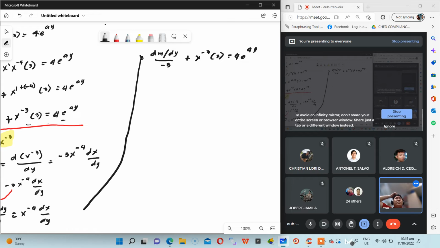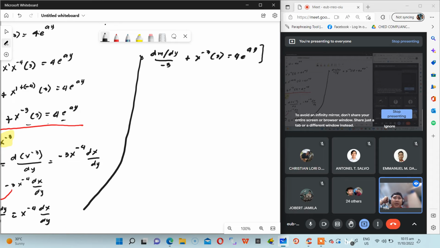So, next, what will we do? Multiply by negative 3, so that we could eliminate this negative 3.